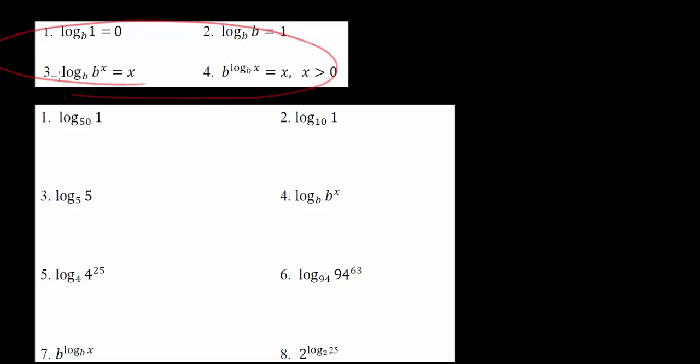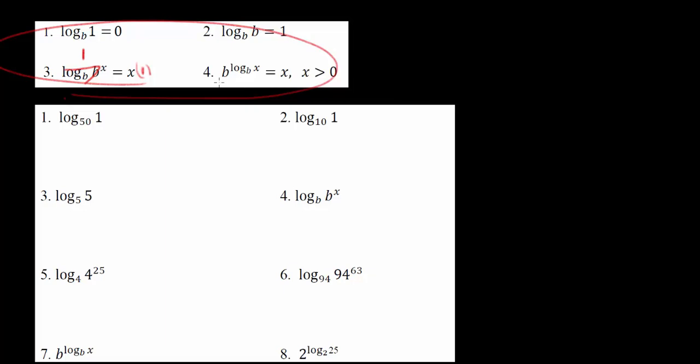Now, here the logarithm is the same as the base. It's the logarithm of b to the power of x base b. But because there was this power right here, it's just going to be x. Let me show you. The logarithm of b base b was 1, so that's like saying 1 times x, which is just x.